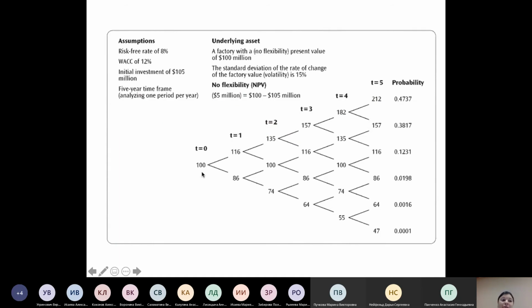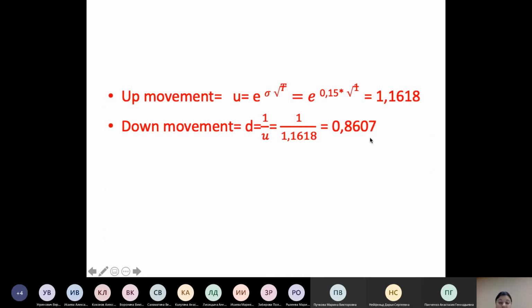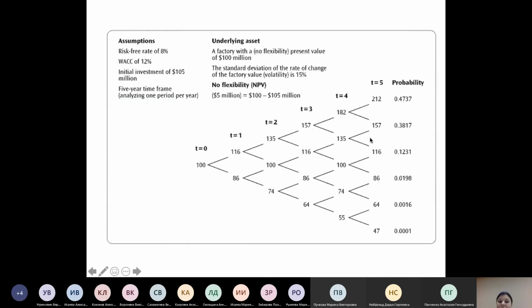Now we apply the up movement coefficient and down movement coefficient to our results. It will be 100 in a stable scenario multiplied by 1.16. Or if the expectation is decreasing, it will be 100 multiplied by 0.86, as we calculated earlier.